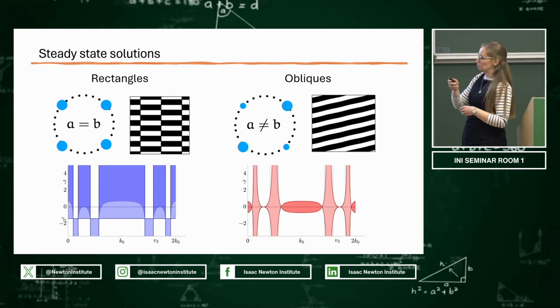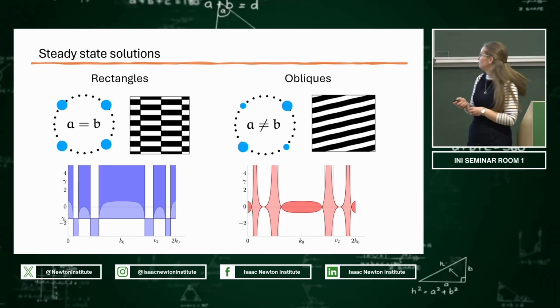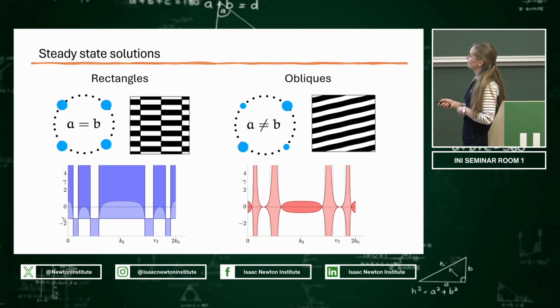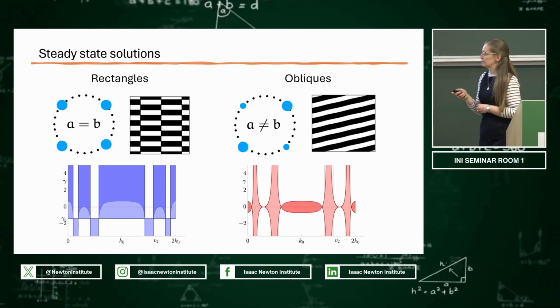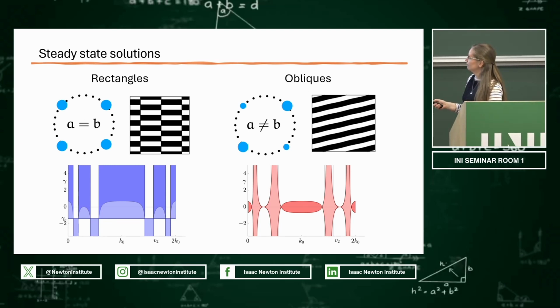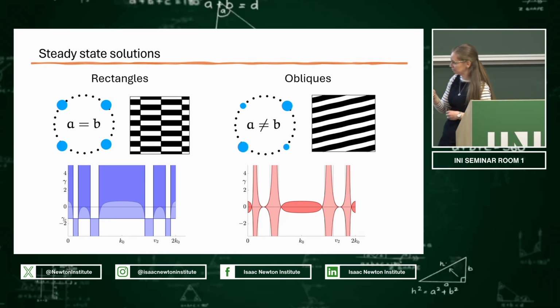So I've just picked some typical ones here. You can plot them. The dark areas are where the pattern is stable, and the lighter areas are where it just exists. In general, you can see that for smaller values of the forcing, the oblique patterns tend to be stable, and the rectangular patterns tend to lose stability where these stop. They tend to gain stability where they stop existing.